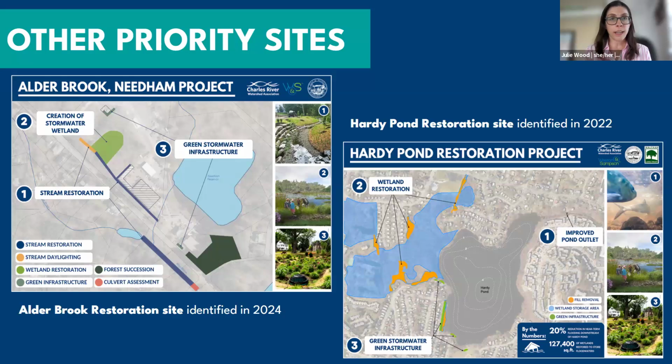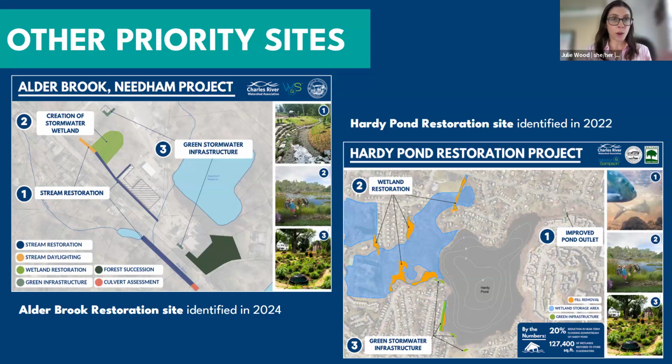In addition to the site in Natick, at Natick High School that Claire mentioned, here's just some other examples. Alderbrook and Needham was something we identified last year. Typically, we recommend a suite of ideas, some that might be turned around in the next year, some that might be ready for planning half a decade out.